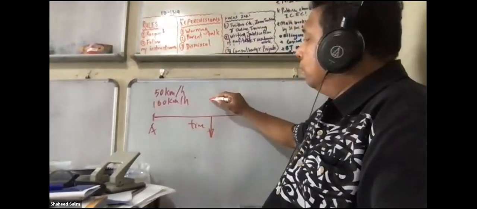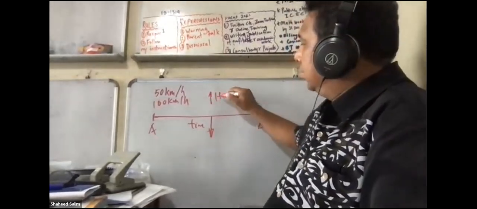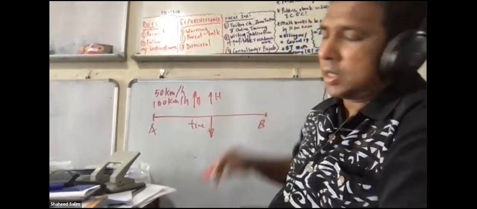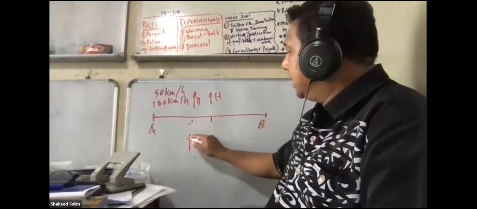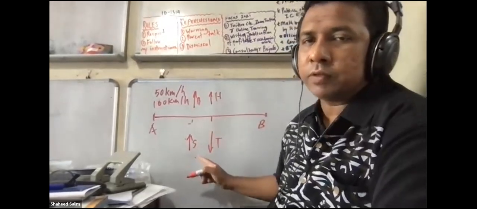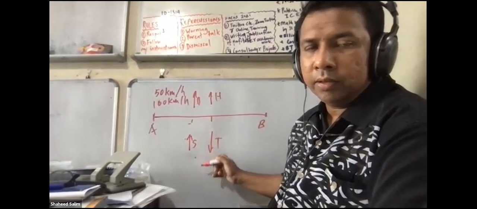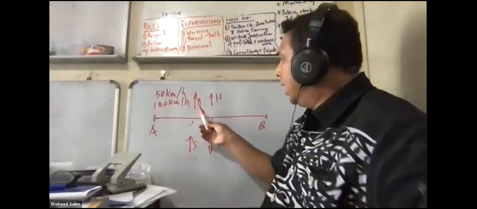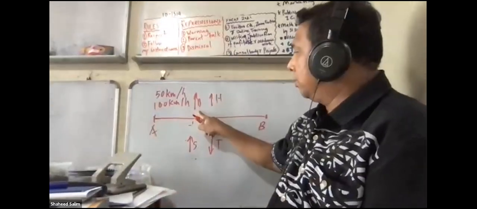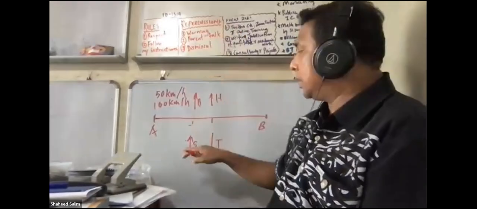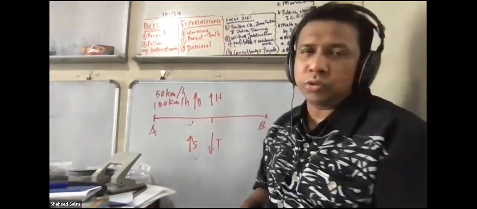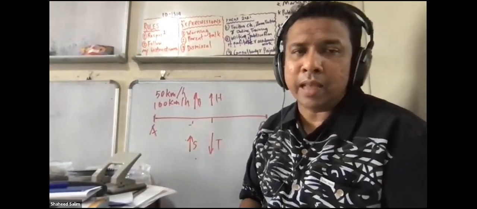Just now, more books, greater height. Now, higher speed, time goes down. This is inverse proportion. The relationship is opposite. That's the difference between direct and inverse.